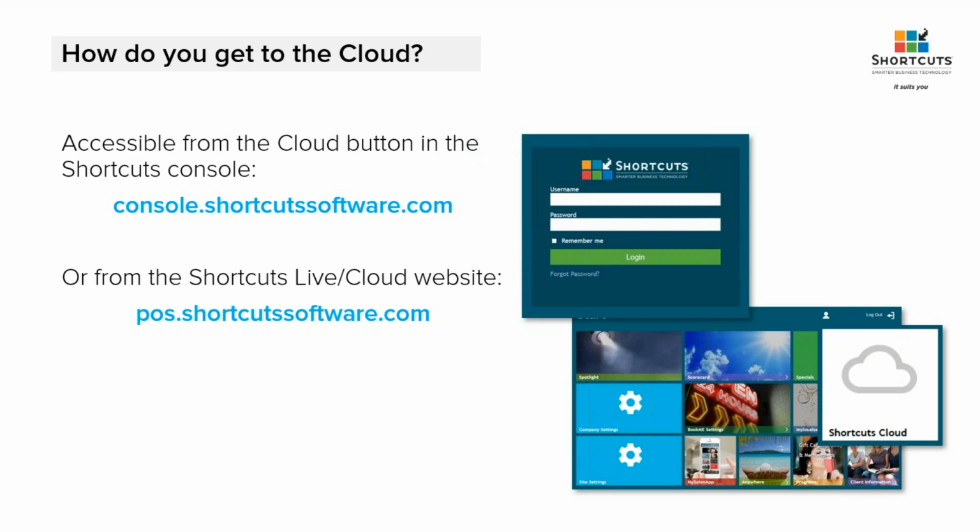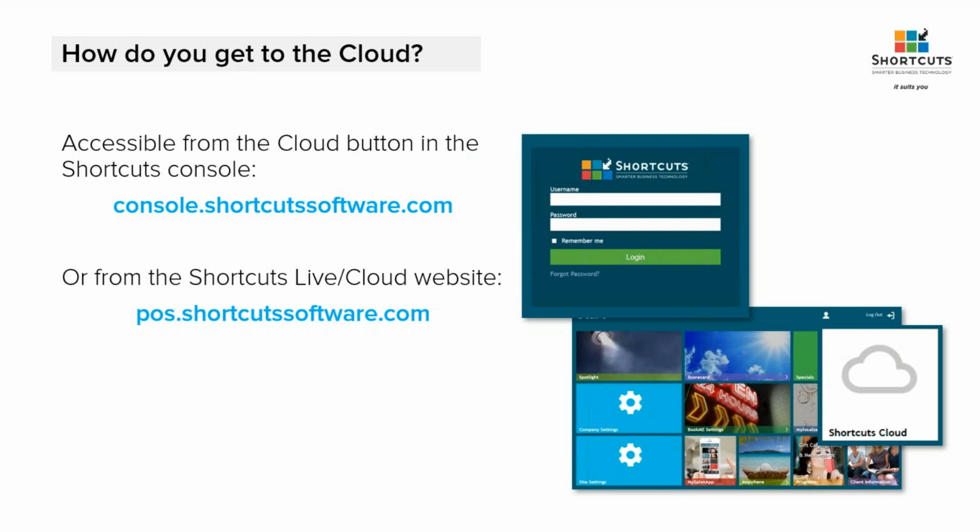So in the console, this is where you would normally go to set up your Shortcuts online settings, like online booking. If you're giving your customers certain instructions for online booking, this is where you adjust it. If you're uploading your logo for online booking, or if you have My Local Salon, which is a directory listing, this is how you add your logo, your description. This is also where you would go if you were using Spotlight to send out surveys to customers so that you can review them and share them.